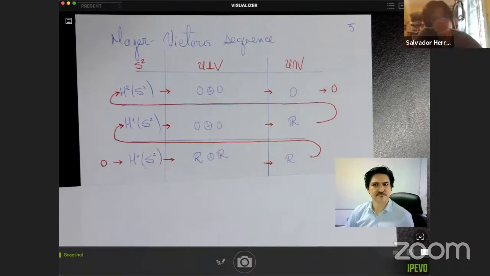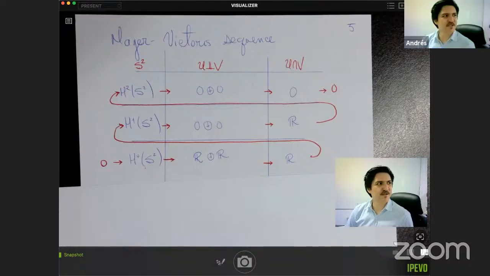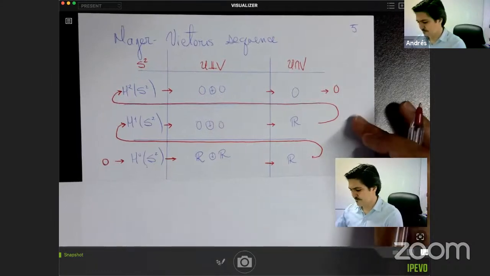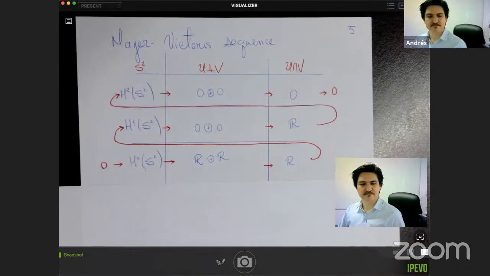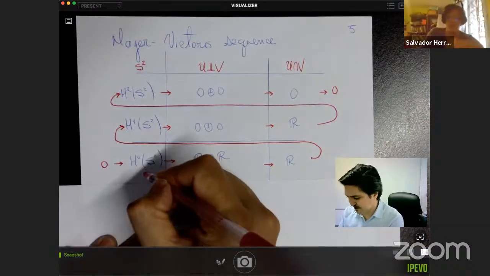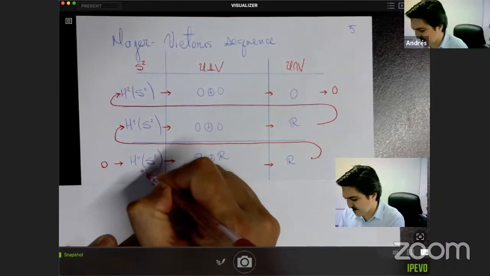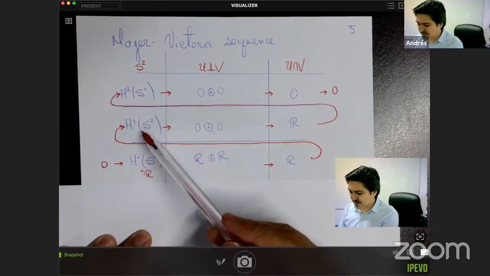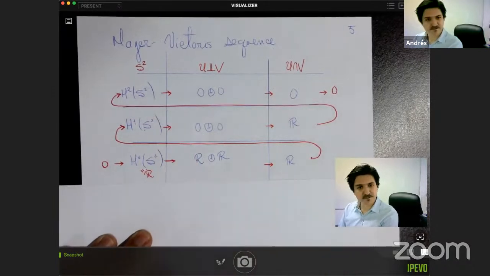Was that R to the number of connected components? Yes. So in this case, what is the answer? Just R, because S2 is connected. So we are missing this and this.